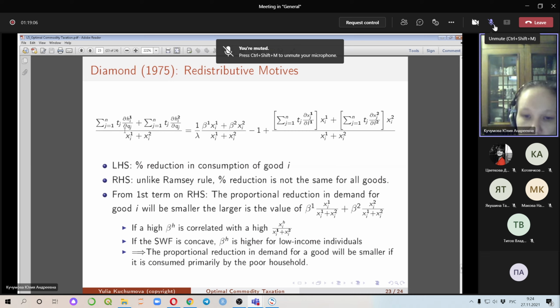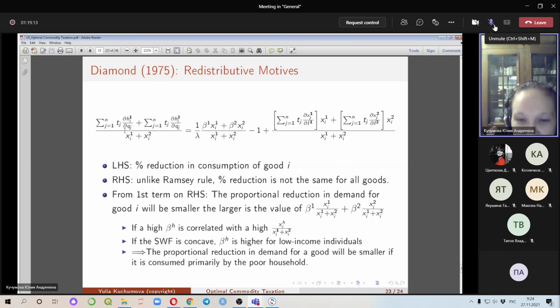But then when we have those beta_h, this term, as we discussed, would be larger for those goods that are consumed primarily by poor individuals.